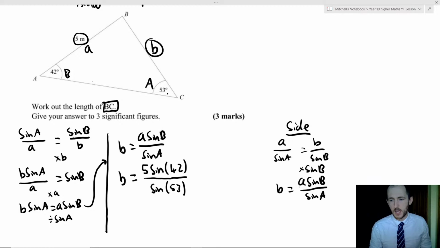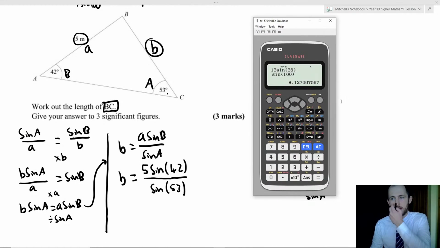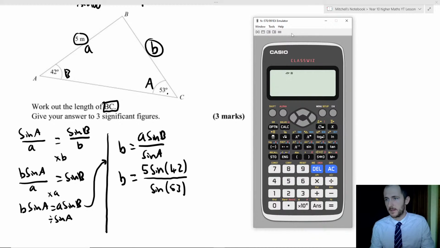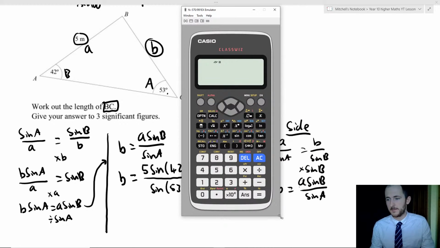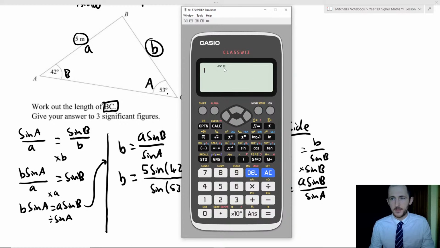With your calculators as well, some students get the wrong answer and they're not sure why. If I make this a lot bigger, if you see this capital D that's highlighted, that means you are in degrees mode, which you should be. If you don't see this capital D, you're going to get the wrong answer whenever you use trigonometry.